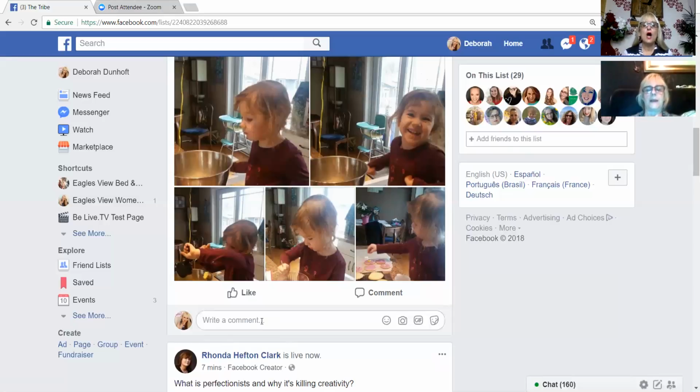Here's another trick. Say you're in your guest list and one of your guests makes a post about a place they've traveled, or they're getting ready to go there and haven't gone yet, but you have been there before.